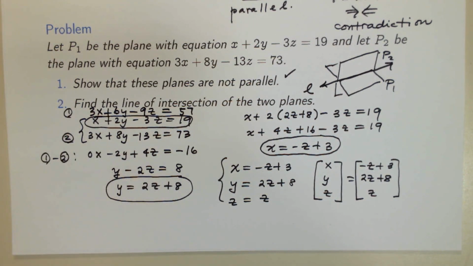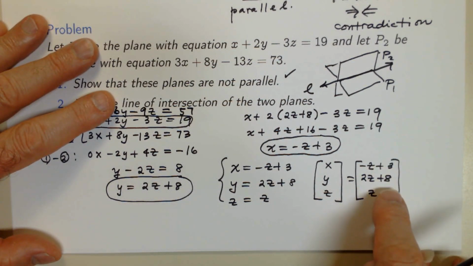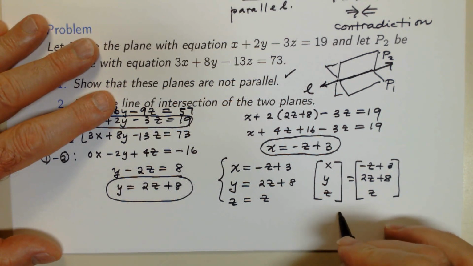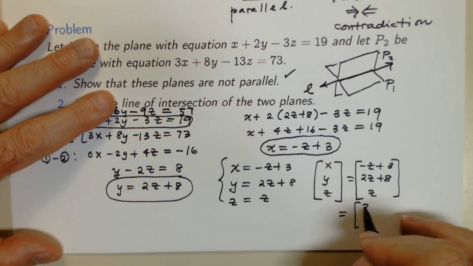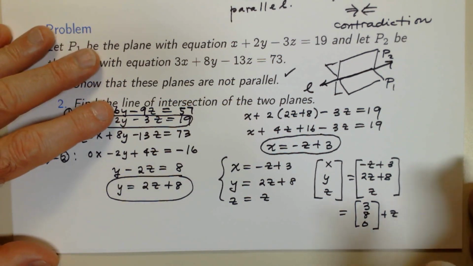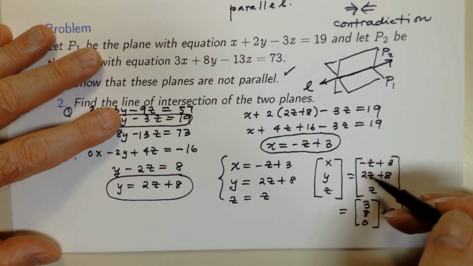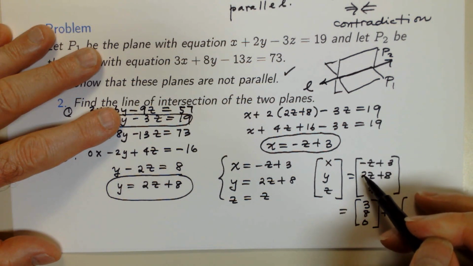So this is how the line will finally reveal itself to us in this vector form. I'm going to separate this out into a 3, an 8, and a 0, plus z. z is going to be my scalar multiple of a direction vector, which is (-1, 2, 1).